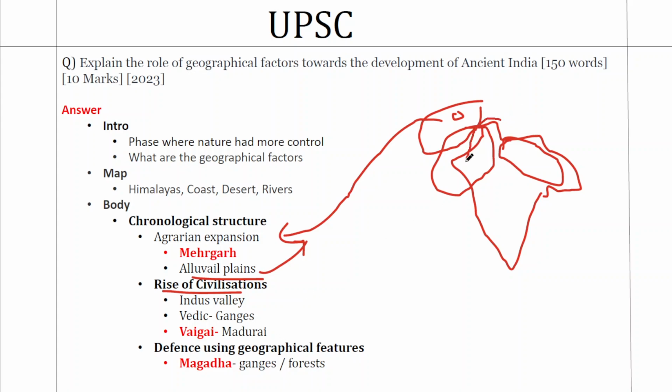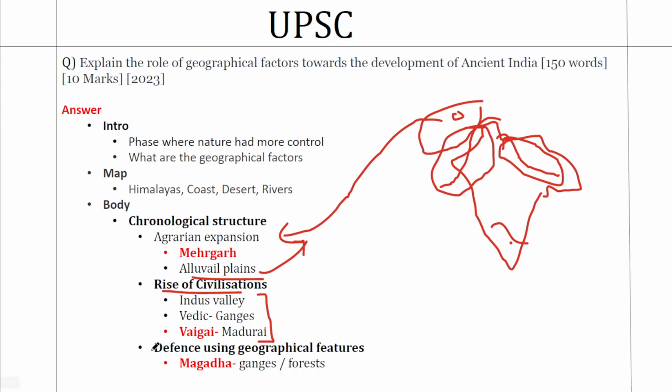For example, the Indus Valley civilization, and the Indo-Gangetic plain, the Vedic civilization, because Ganga, Yamuna, Saraswati are mentioned in the Vedas. Or we'll take Madurai on the banks of the Vaigai river. We'll give three examples, three value additions, and make this point of civilization and rivers. Here we will talk about climate, soil, and agriculture.